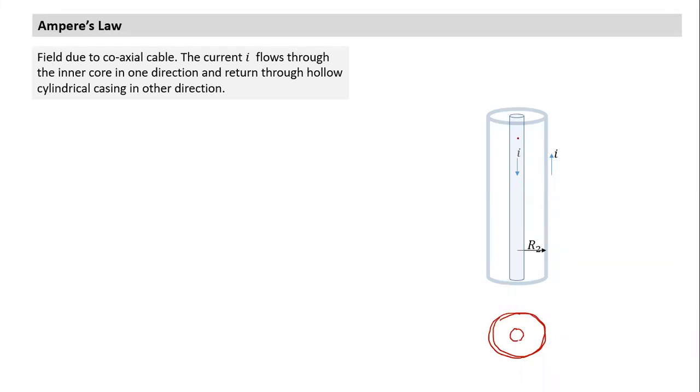If this is R1, there are 3 regions. First, R less than capital R1, which means the point is within the inner cylindrical core. Second, R between the cylindrical core and the casing. And third, R greater than R2. What will the field be in this case?